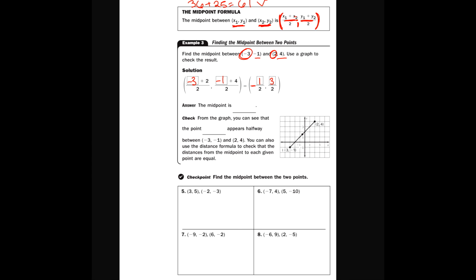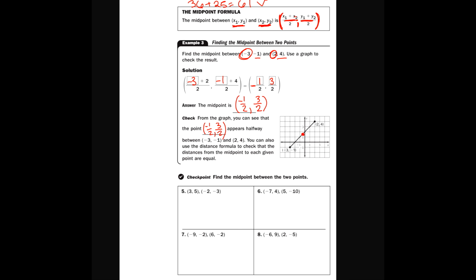And you can leave it just like that. So my midpoint is negative 1/2 and 3 over 2. And from the graph, you can see that this would be about the halfway point between here, which is at negative 1/2 and 1 1/2, or 3 over 2. So just like that, easy peasy.